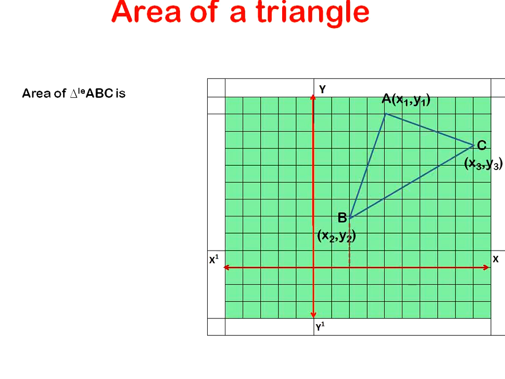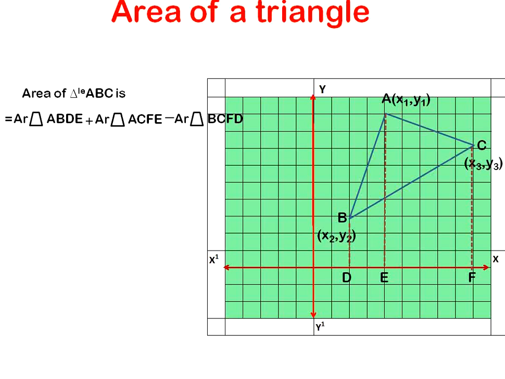I have to draw a perpendicular line from B to the x-axis, that is BD, again from A to the x-axis, that is AE, and from C to the x-axis, that is CF. Therefore, the area of the triangle is equal to the area of trapezium ABDE plus the area of another trapezium ACFE, minus the area of trapezium BCFD.